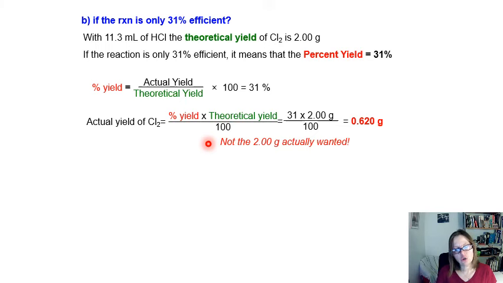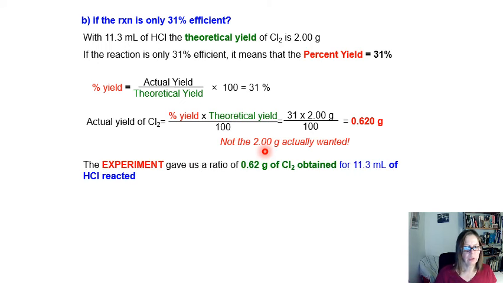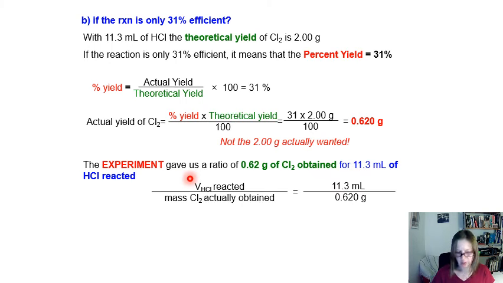So here we're going to use the same ratio to figure out how much HCl we need to actually use to get the 2 grams that we want. So 0.62 grams of chlorine would be obtained for 11.3 milliliters of HCl. We have the ratio, the volume of HCl reacted over the mass of chlorine actually obtained is 11.3 over 0.620.